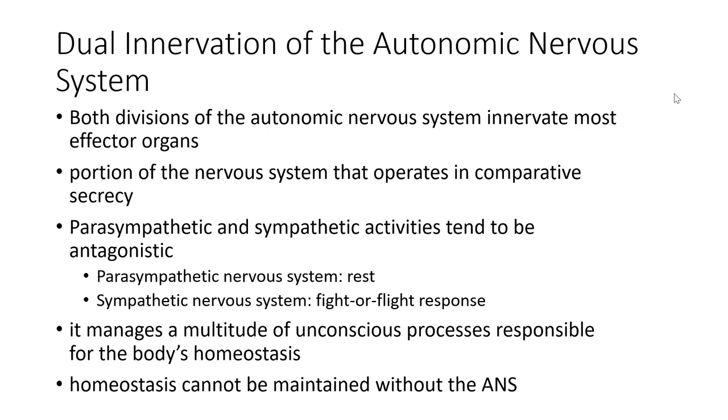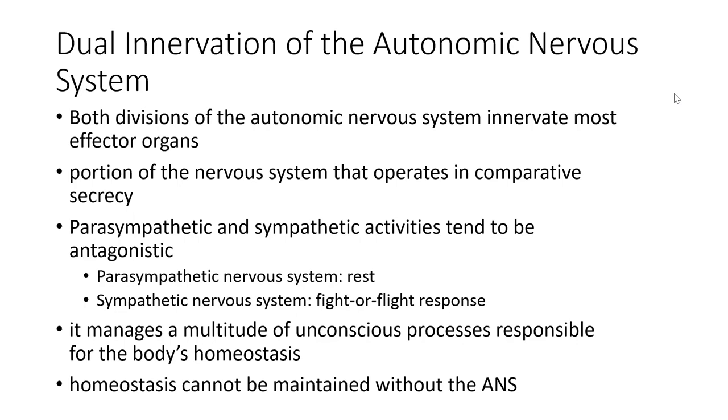When I'm fleeing from a threat, again, there's still influence on my heart rate, but the influence is going to be to speed up heart rate. So we have this idea of comparative secrecy where although it's two different divisions and two different types of function, it's really the same glands, the same organs that are being controlled, but it's two different divisions that are having different influences on the exact same glands and organs.